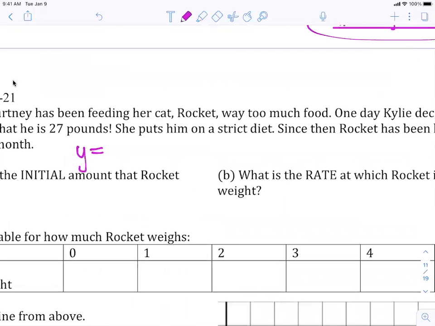This is something where we kind of switch some things around. But in the future, you'll be writing your own equation, but today you do not have to do that. So the equation is y equals 27 minus 3x.